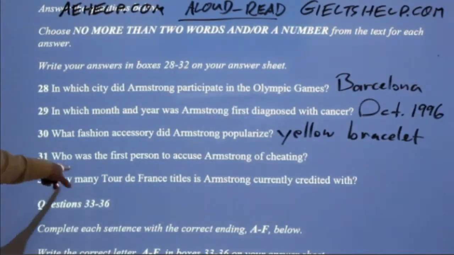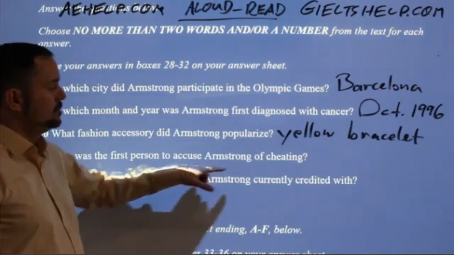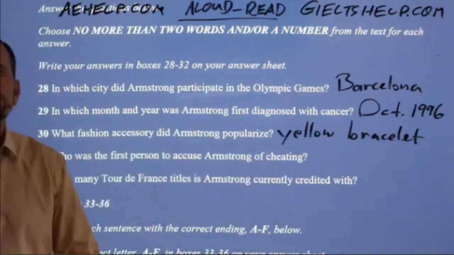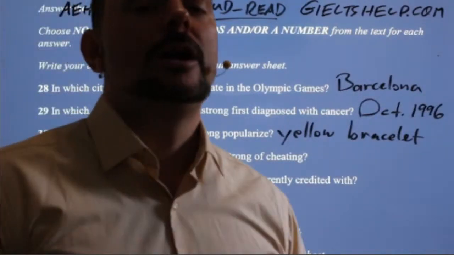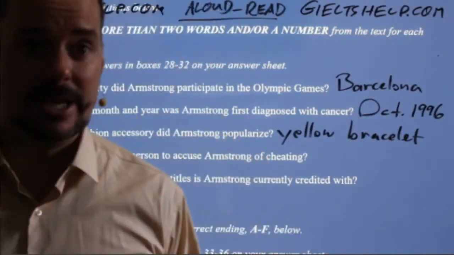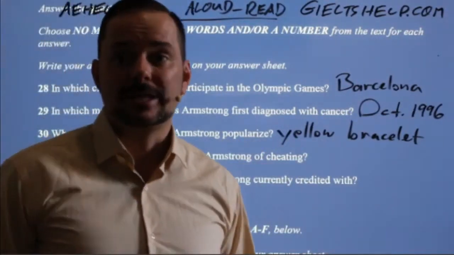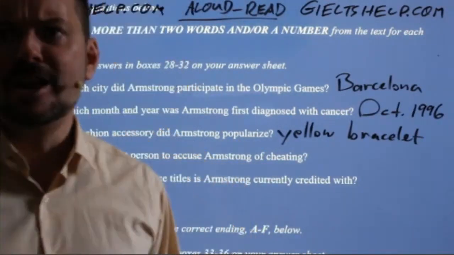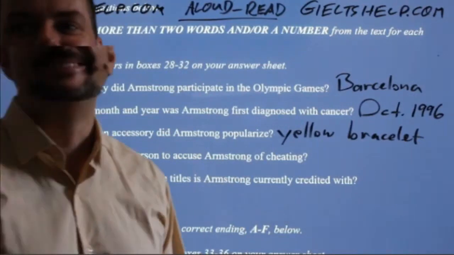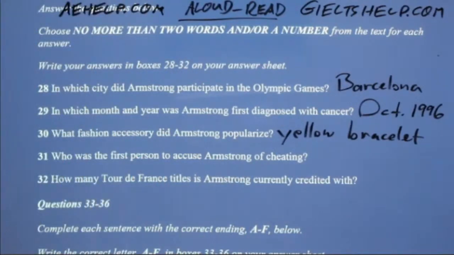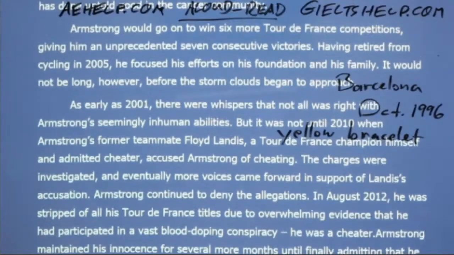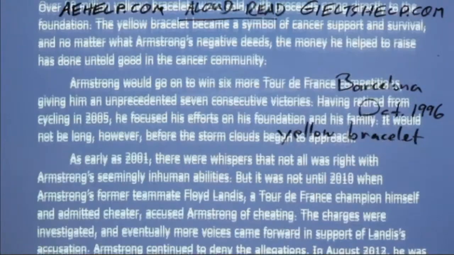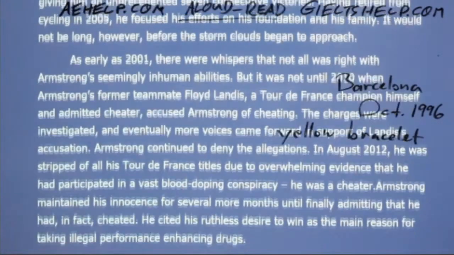Okay, who was the first person to accuse Armstrong of cheating? Again, this was fairly clear. I remember clearly it was one of his teammates, so it's quite a shock, right? It was like, oh, it's his teammate. Abhishek, did you write it down? Floyd Landis? I can't remember the exact spelling of the name, but I remember it was somewhere near the middle, or coming near the end.